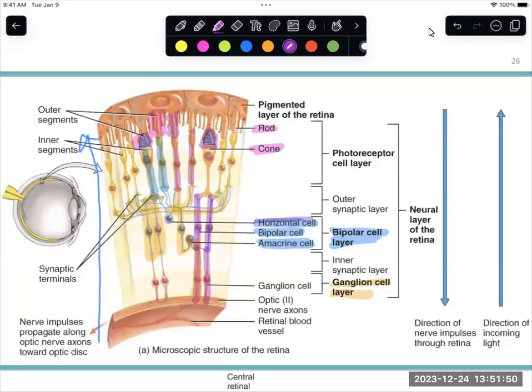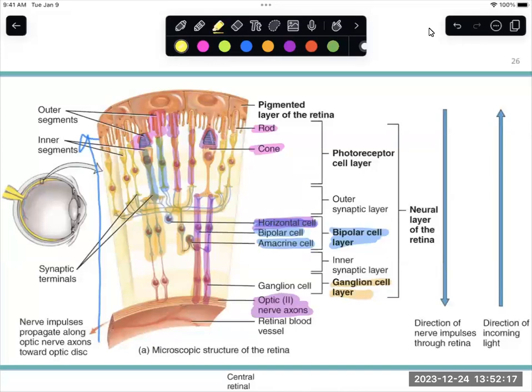Cones attach directly to bipolar cells, which go to the ganglion cells. Rods will attach to horizontal cells first before they transfer over to these ganglion cells, which then form those axons of that optic nerve. There we go.